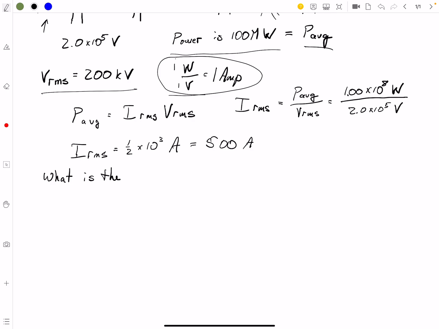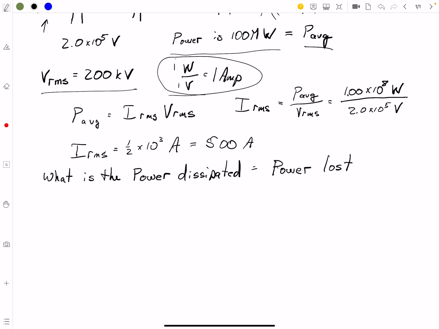What do we mean by power dissipated? It's power lost. So I'm going to write dissipated, but then I'm going to make that equivalent to power lost.